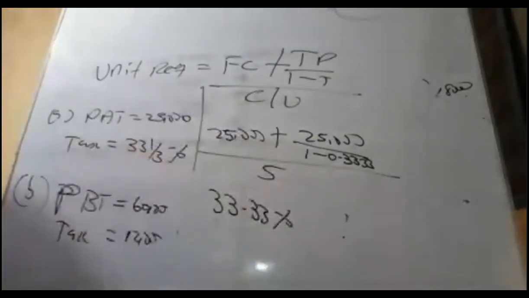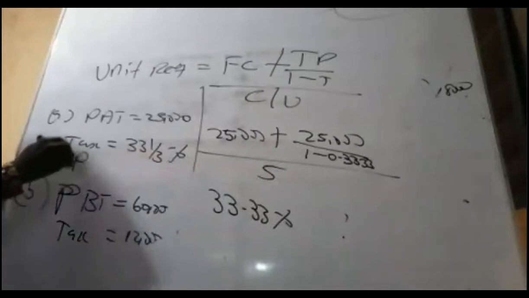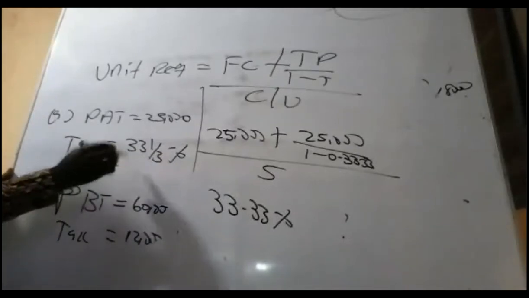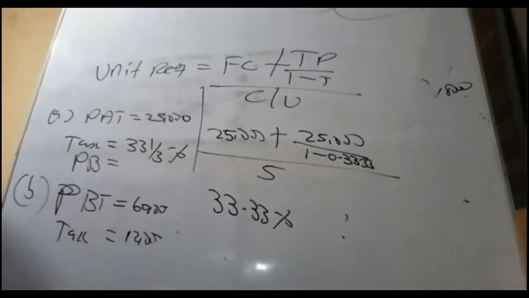So we solve in a systematic order. What's the profit before tax? Profit before tax should be around 37,000. Then you add 37,000 to 25,000, which should be 60 something. Then you divide it by 5, which should be 12 something.